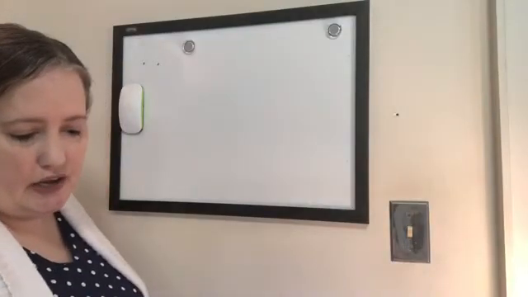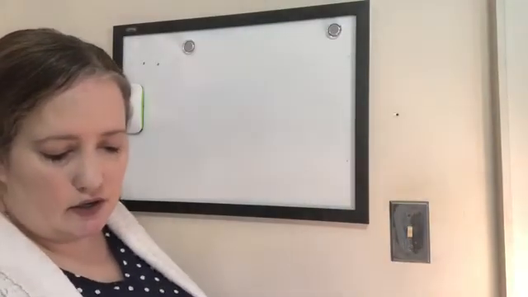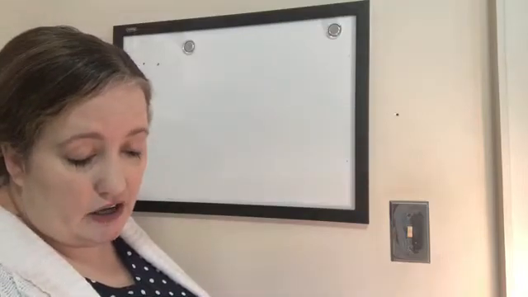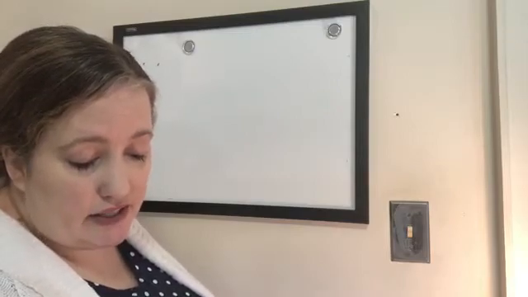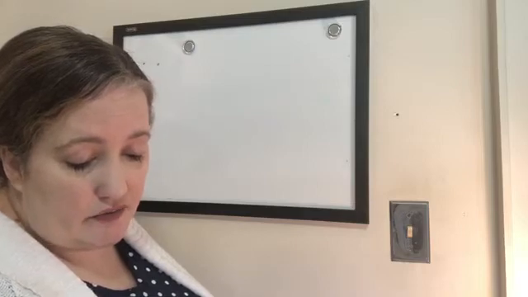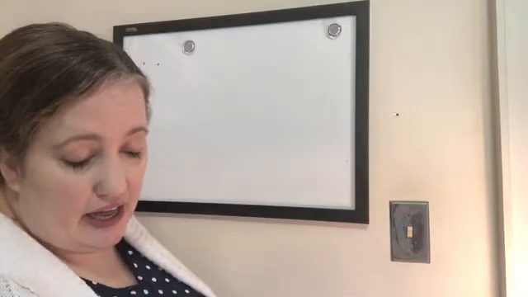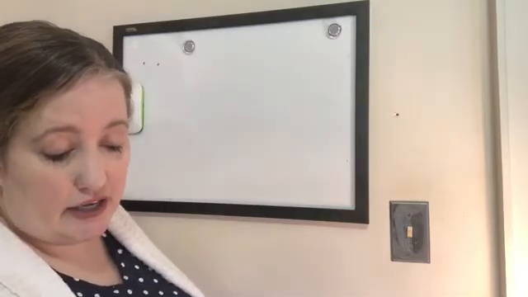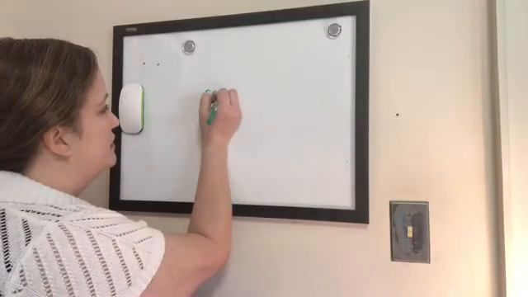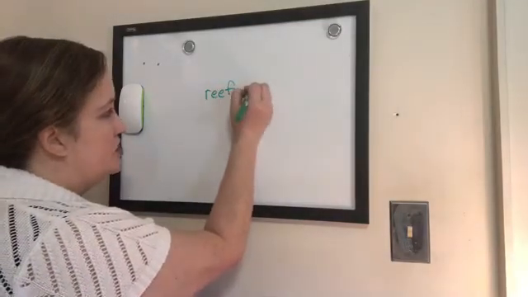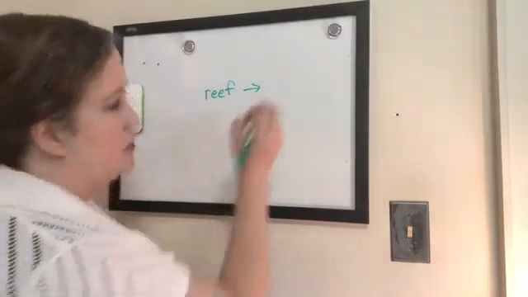Different forms. To form the plural of most nouns ending in f, you add s, and some nouns ending in f or fe are changed. You change the f to v and add s or es. Ooh, all right. So reef would change to reefs.